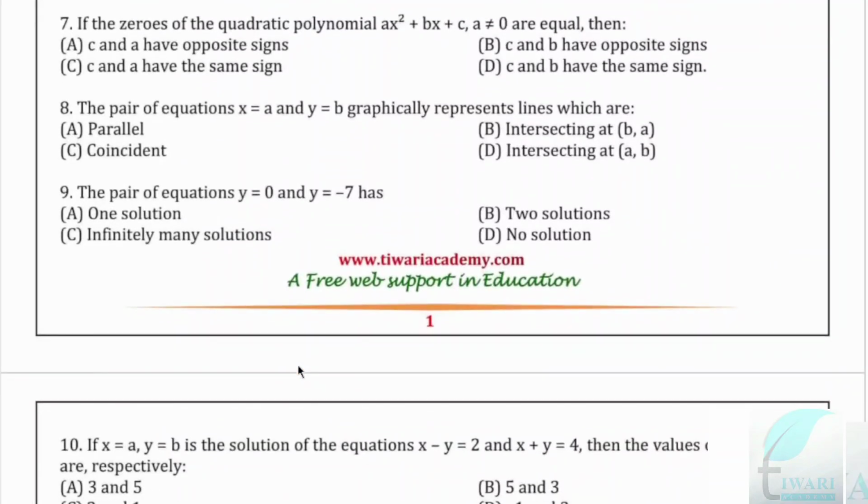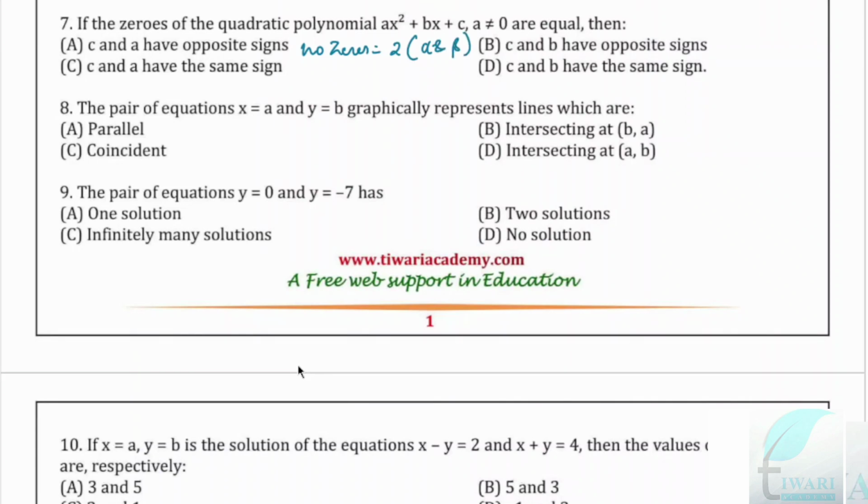Coming on to question number 7. If the zeros of the quadratic polynomial ax square plus bx plus c, where a is not equal to 0, are equal, then here they are asking about the zeros of a polynomial being equal. This is a quadratic polynomial, so the number of zeros will be 2, that is alpha and beta.